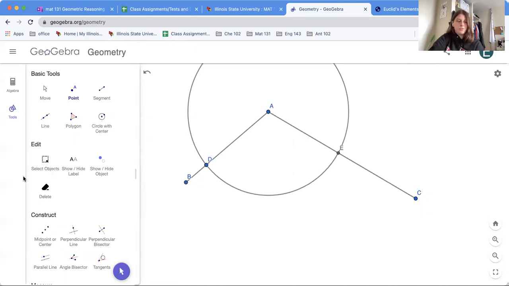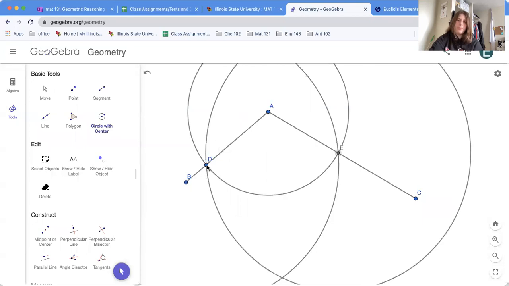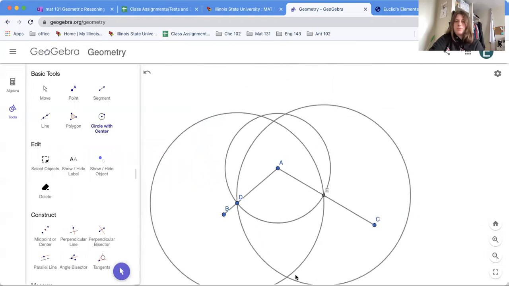So next we're going to use proposition 1 and definition 20 to make an equilateral triangle. We do this by adding two circles with center, go to E, back over from E to D, and there's this intersection down here.